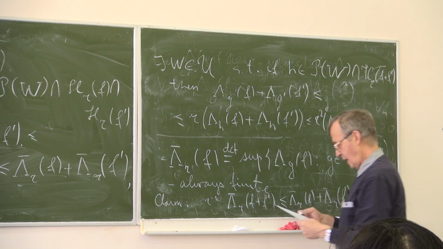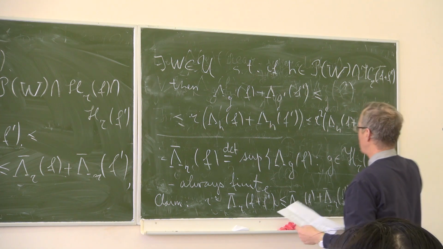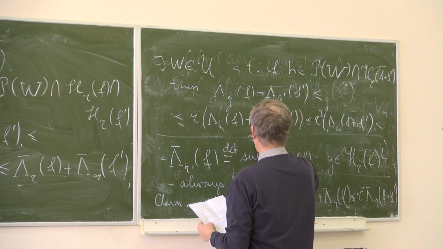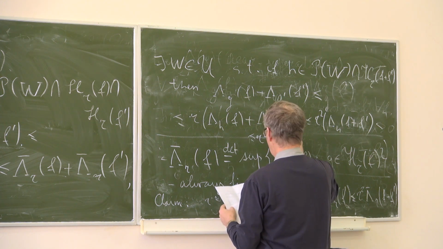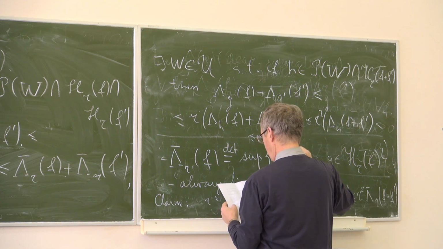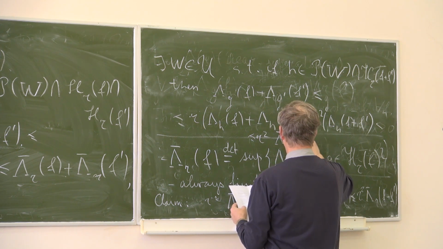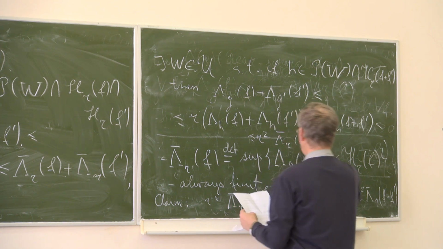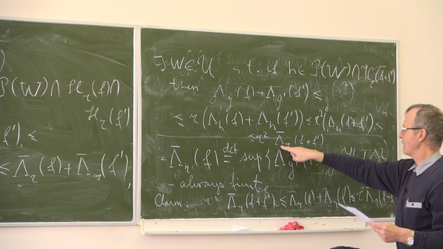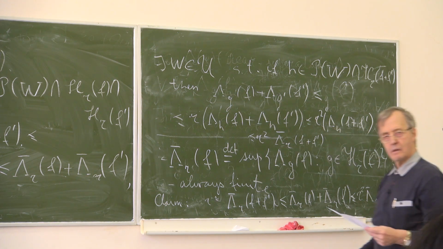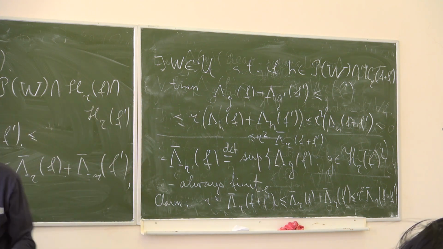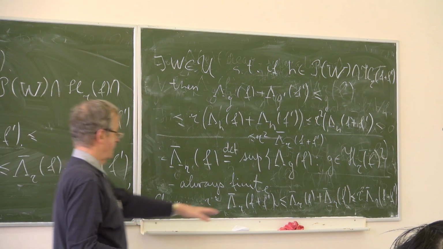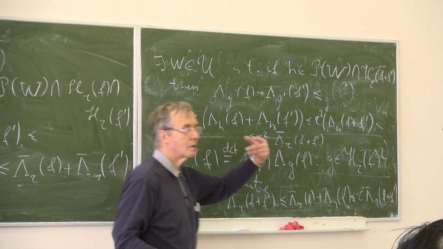Well, okay, and surely this is dominated by R squared times lambda bar R of F plus F prime, because simply this is greater than this one. Okay, and that's all. So we have proved this thing, and after the limit passage.